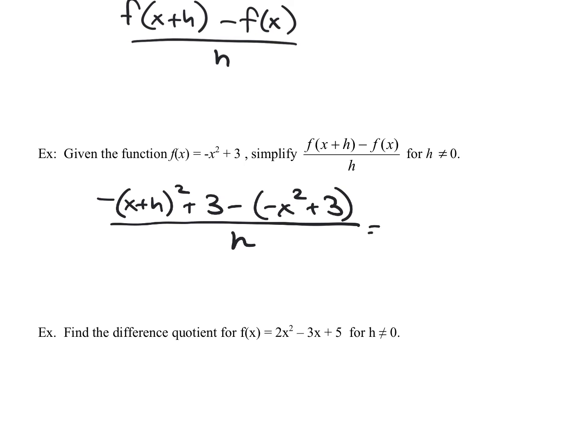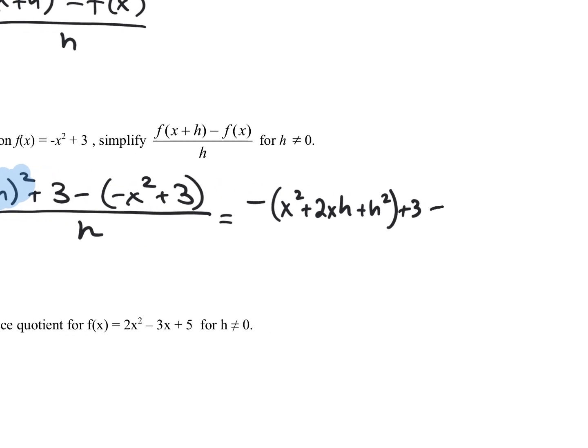We're going to start by simplifying our numerator. When we square a binomial like this, we are going to result in a trinomial. It's going to be negative x squared plus 2xh plus h squared plus 3, and then that whole quantity is subtracted, negative x squared plus 3 all over h.